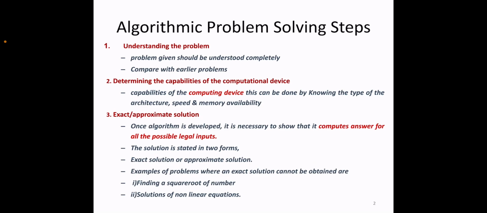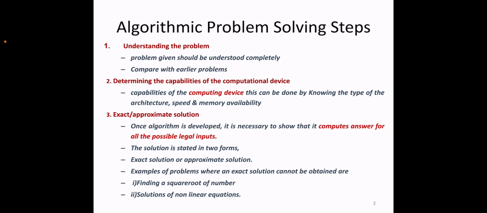Then the third one is exact or approximate solution. What are all the possible inputs, what are all the legal inputs you have to give to compute the answer, that should be identified.